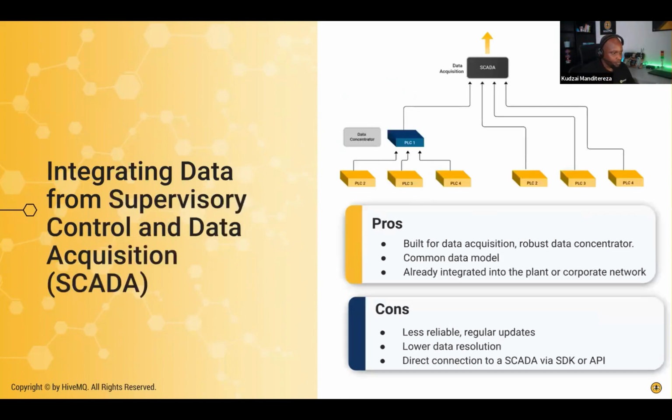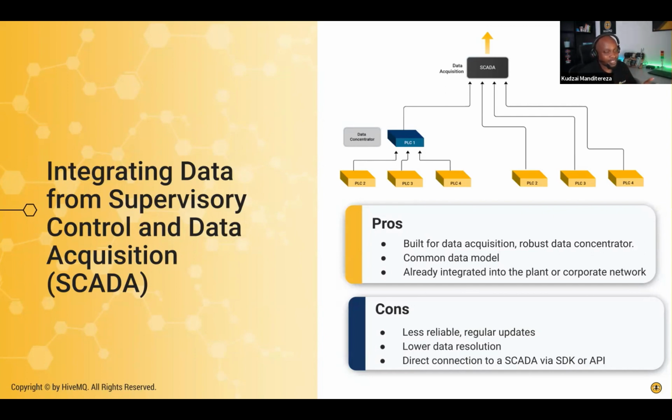So moving on, let's look at integrating data from SCADA systems for your digital transformation or your data management strategy. In the same scenario, you could have a SCADA system that is connected to your PLCs that are acting as data concentrators, and also connected to PLCs that are standalone.